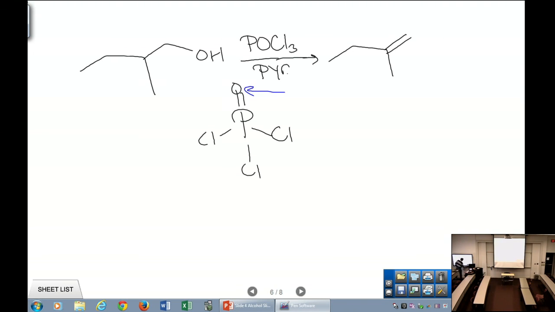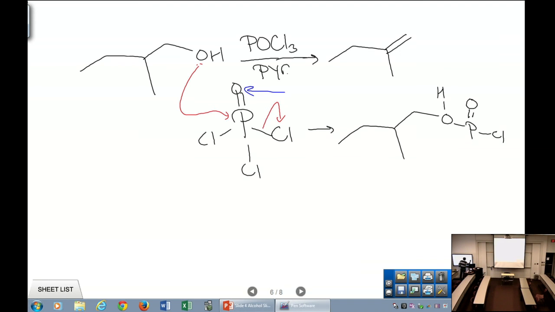So it's very easy for the lone pair on your oxygen to add to that phosphorus, and it will displace your chloride. And we get that structure there.